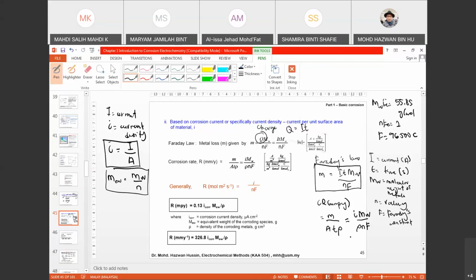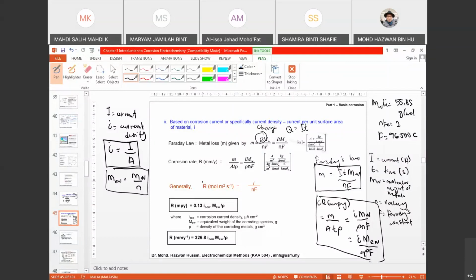Then I can simplify this to become i EW, equivalent weight, over rho F. So you can use either one. Which one do you want? It depends on your preference. But basically, this is the formula for how you can calculate corrosion rate using Faraday's law to relate it with current.